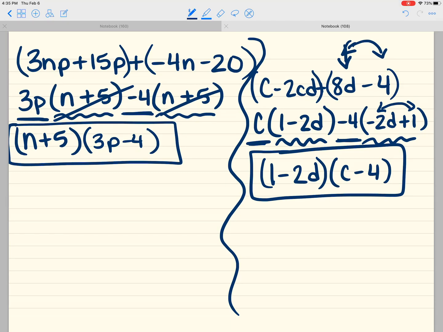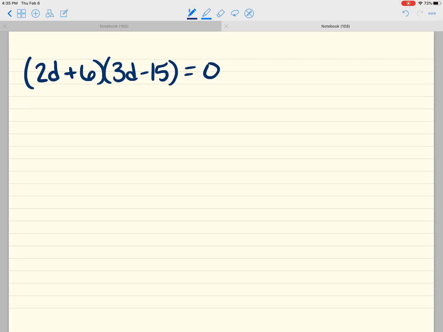All right, now we need to know this because when we want to solve equations, we need to know how to factor first. So if I have an equation, 2d plus 6 times 3d minus 15 is equal to 0. The way this is written right now, I'm already capable of solving, right?